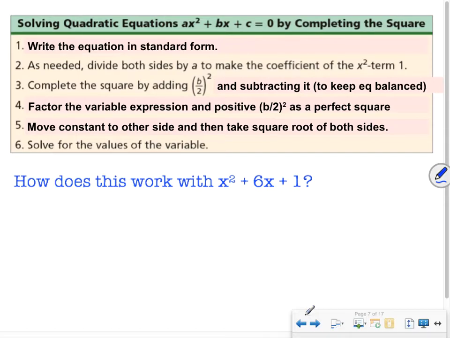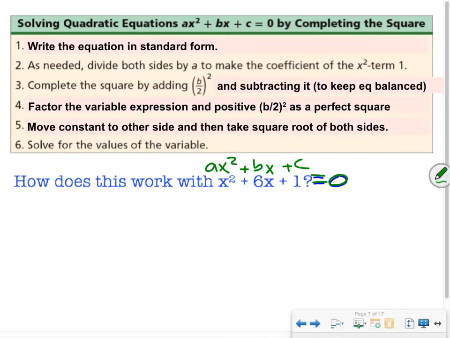First step I would like you to do is to write these in standard form. Let's pretend this equals x, might as well be an equation. We like equations. So this is already written in standard form because you've got your ax squared here, your bx there, and then your c, which is 1. Next step, you need to divide both sides by a to make sure the coefficient term is 1.